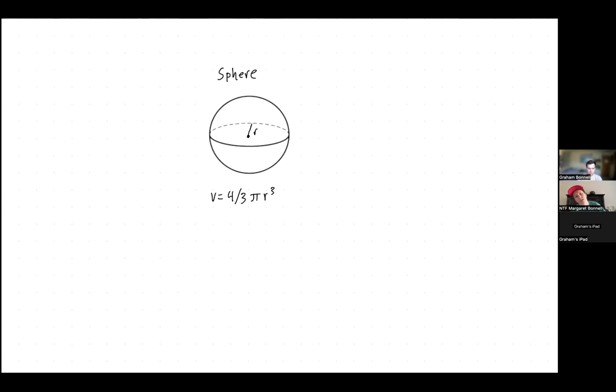And actually, this is the same exact formula as volume of an ellipsoid. It's just the volume of the ellipsoid has 3 different size radiuses, radii.